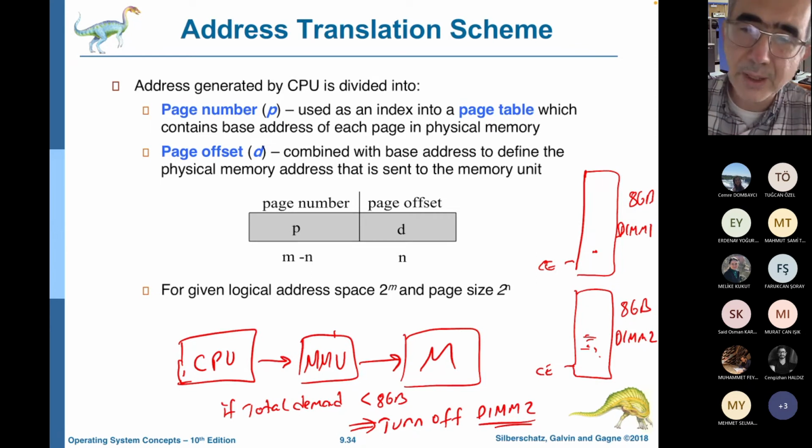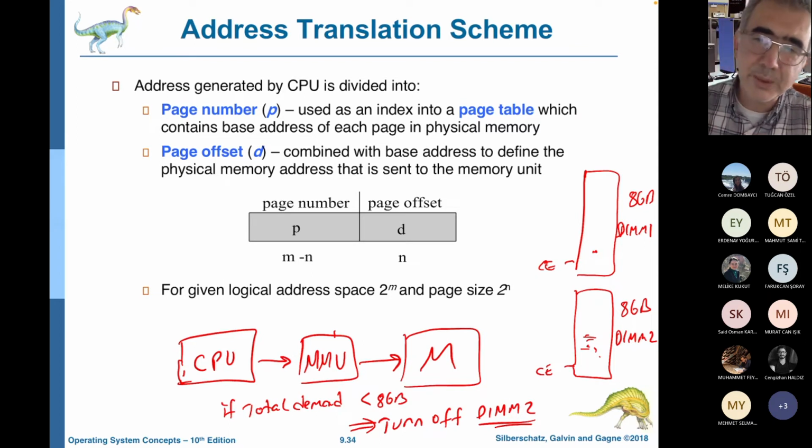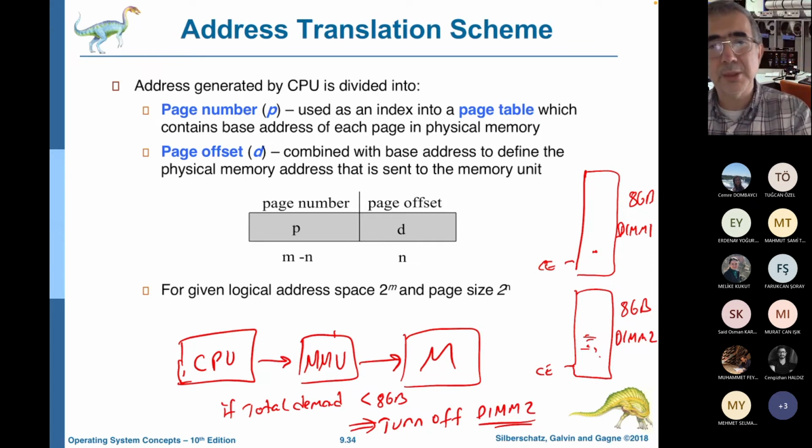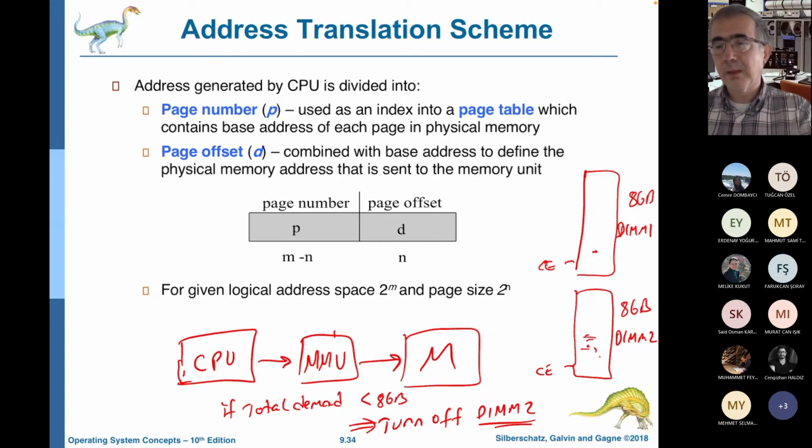Recent memory management units are able to turn different chips on and off so that it saves power in mobile computers when you have multiple chips or multiple segments of memory. That kind of turning on and off is also being done in microprocessors with different cores. Cores can be shut off if they are not required.